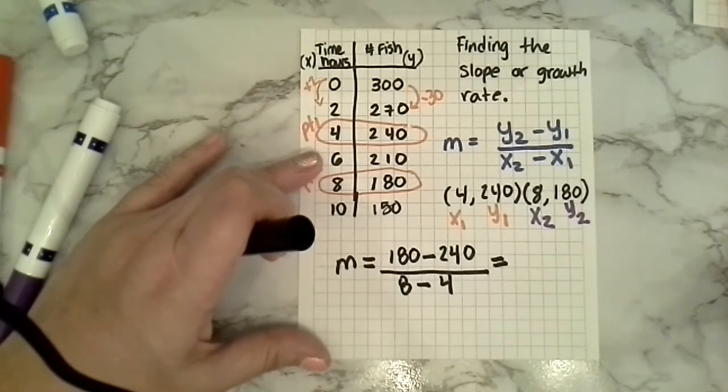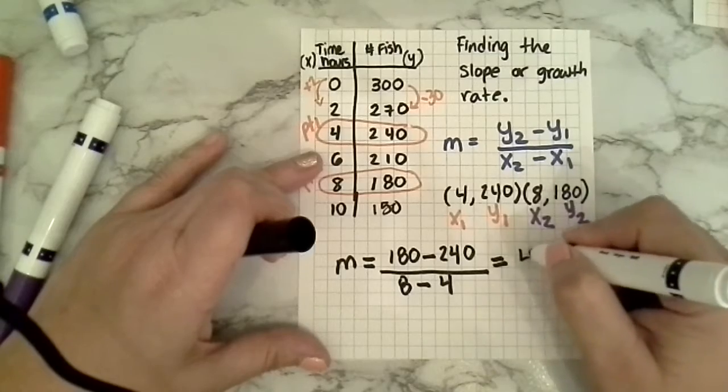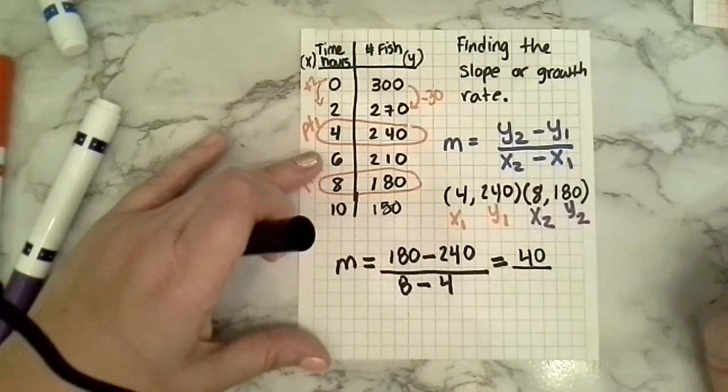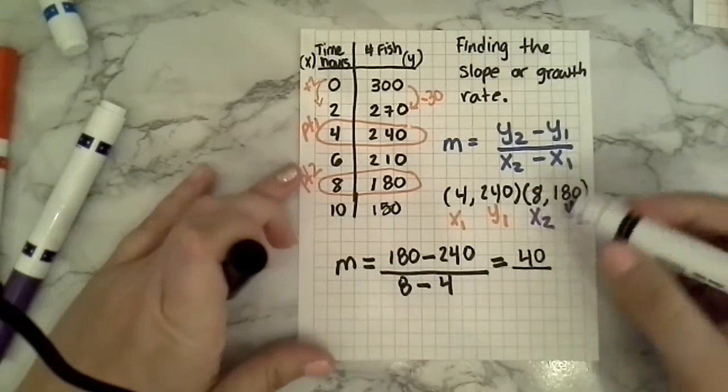And then I just simplify, so 180 minus 240 is going to be 40 over 4.